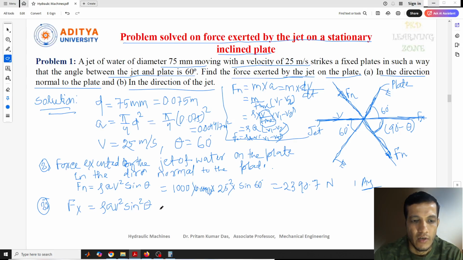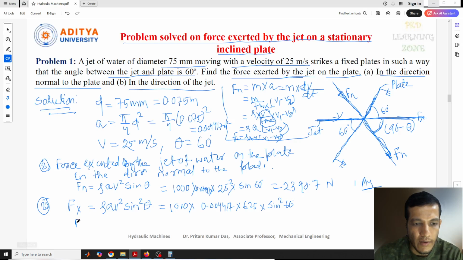That's why we got rho A V square sine square theta. So here also we'll write this value. Again, this is 1000, again this is 0.004417, and this is again 625, and this one sine square theta. This is sine square 60 degree.